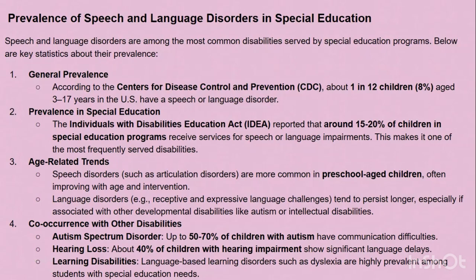Number four, co-occurrence with other disabilities. Autism spectrum disorder: up to 50 to 70% of children with autism have communication difficulties. Hearing loss: about 40% of children with hearing impairments show significant language delays.